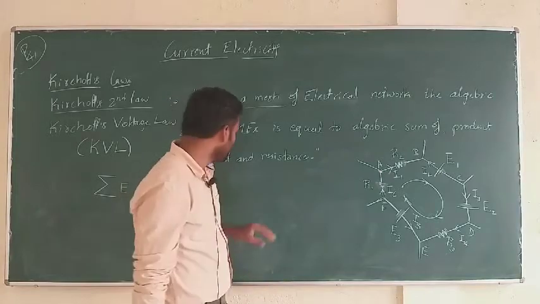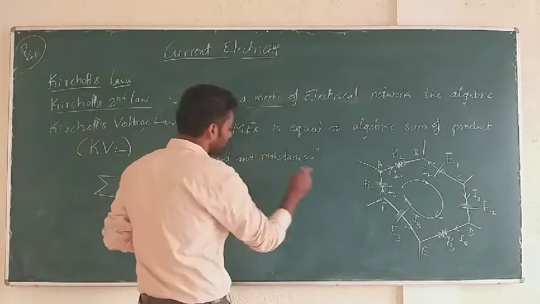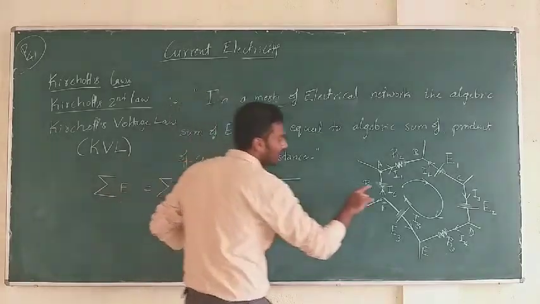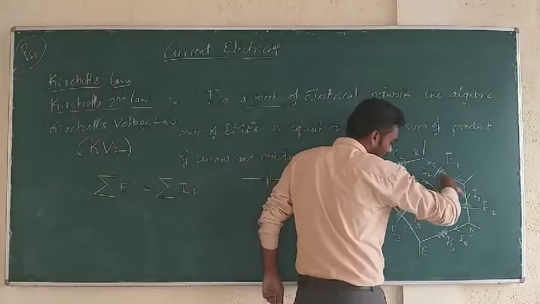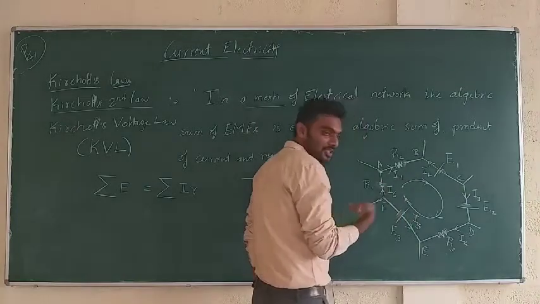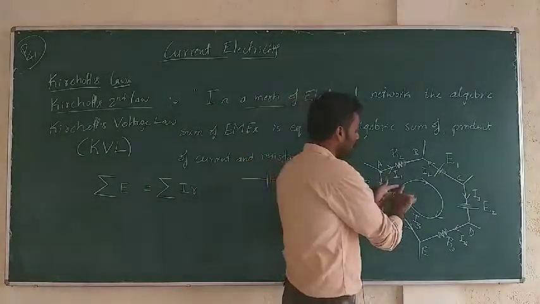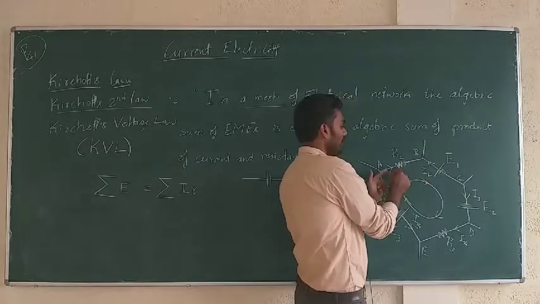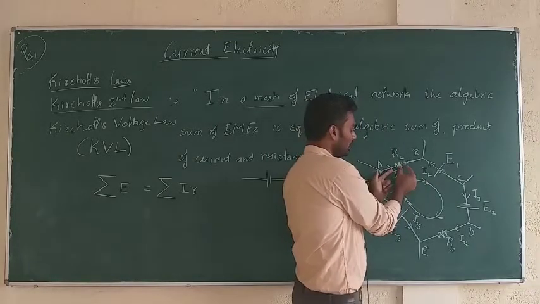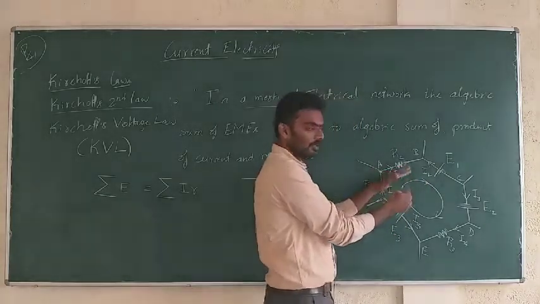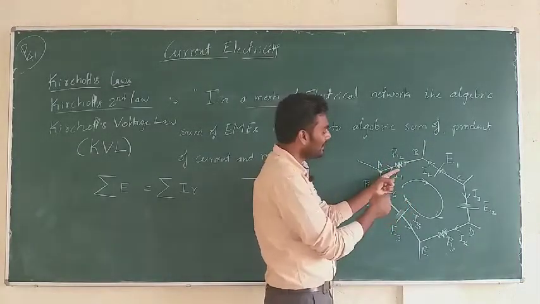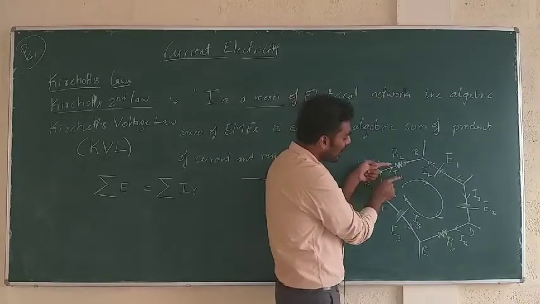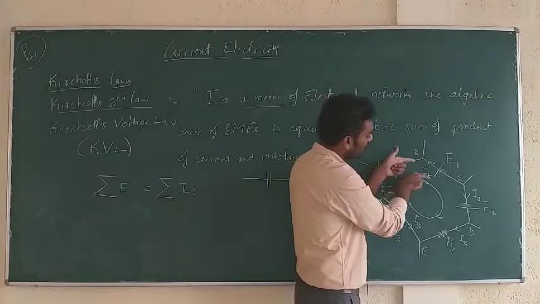Okay, be clear with a few rules here. If you have the traversal, means the path which we have chosen to go. The path which we have chosen to go is this, right? While we go like this, first we have a resistor R2 in front of us, okay, and the current direction through that resistor is the same as that of the path that we are following.